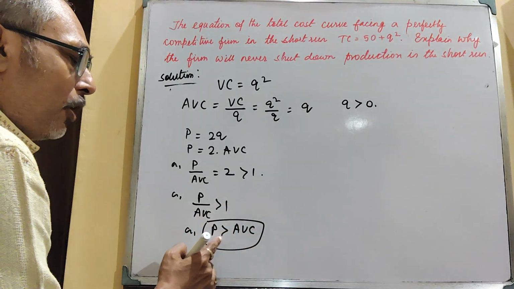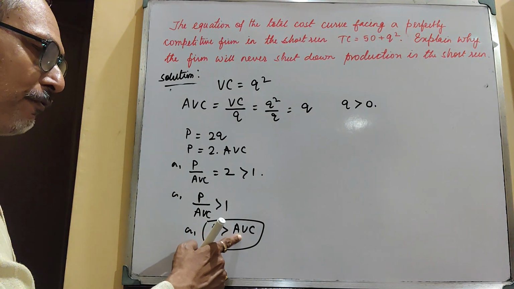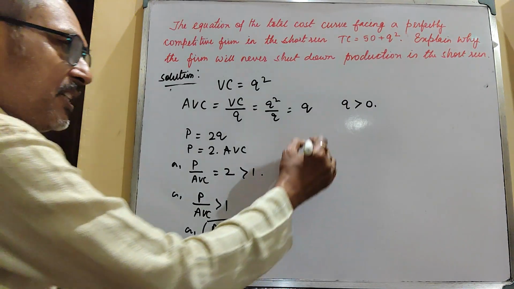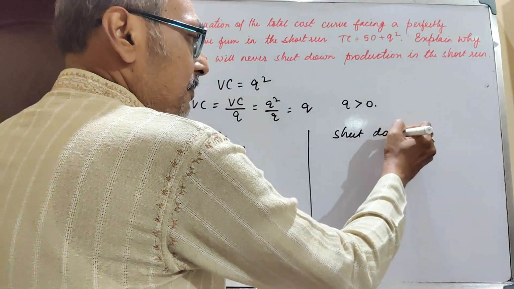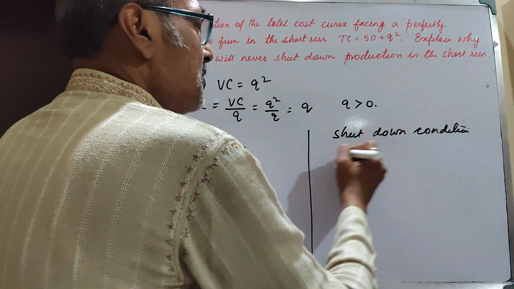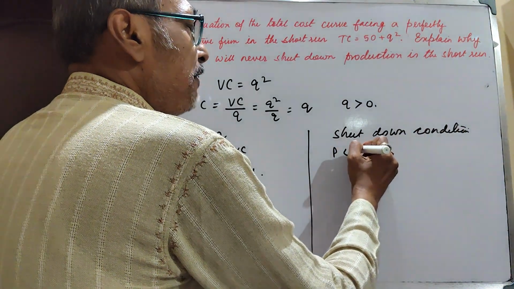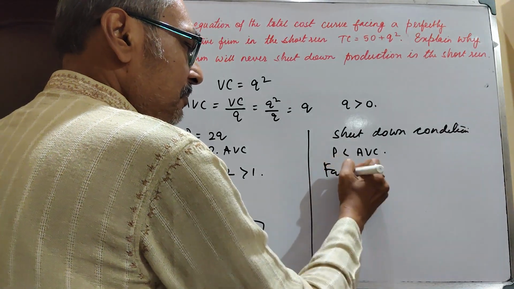Therefore, for this firm, the firm will never shut down, because the shutdown condition is P less than AVC.